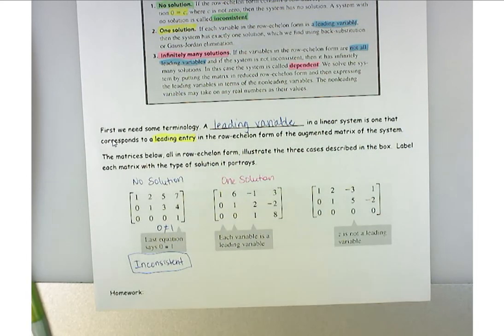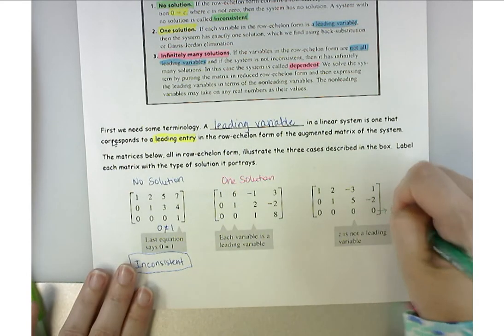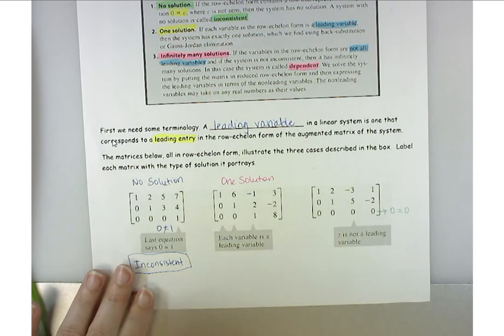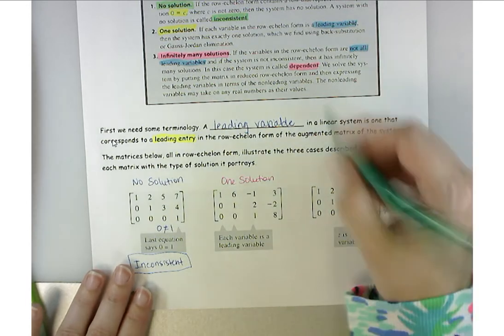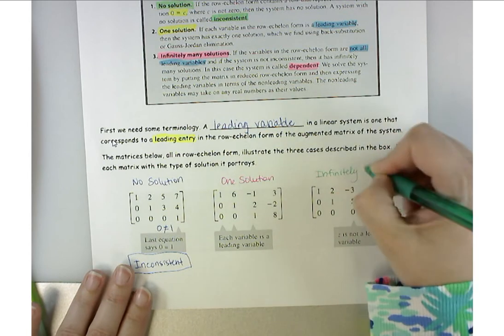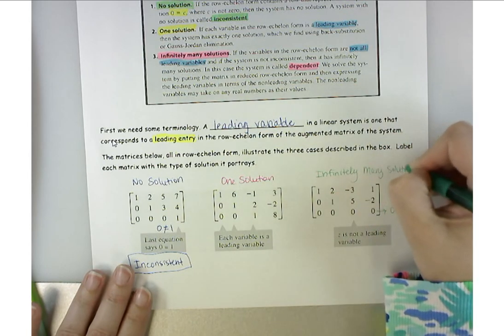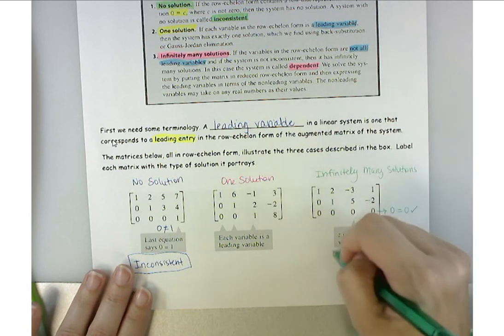And then the last one, if you have a row of all zeros, what that means is 0 equals 0, which is a true statement, but there's no leading variable. So that's when you're going to have infinitely many solutions. And if you have infinitely many solutions, you would say that the system is dependent.